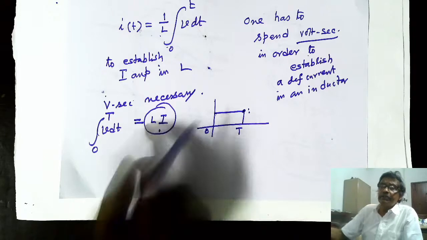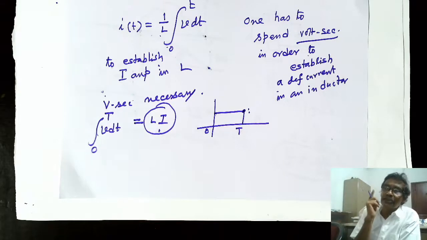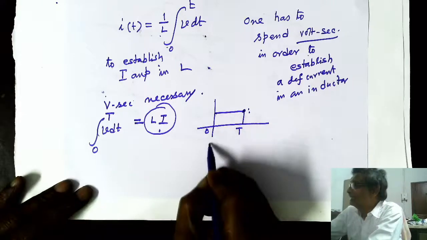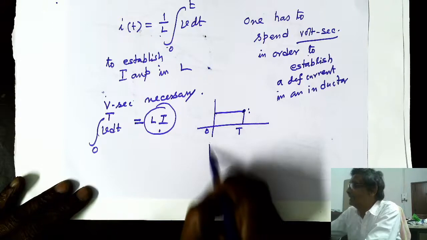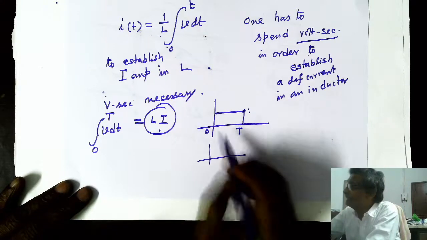That is, to establish current capital I ampere in an inductor, you can use different kinds of voltage over a certain time, but the only thing you ensure is that the volt second, the area under this curve, any other area you think of, must be the same as this area.